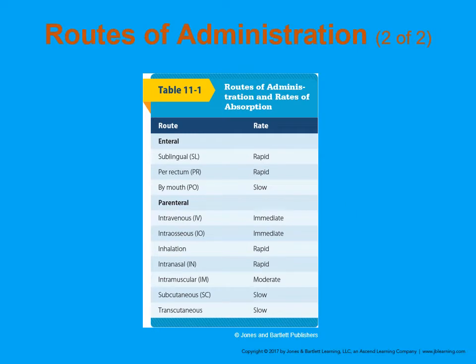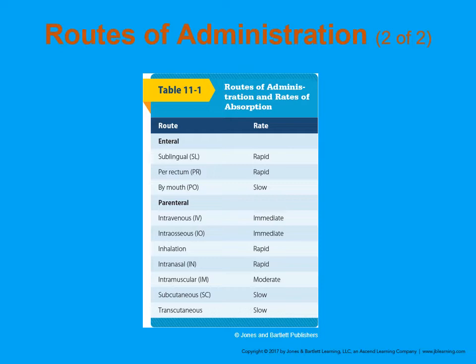All right, routes of administration. Per rectum, which is by the rectum, is easy to administer and provides reliable absorption. Oral, or PO, which means by mouth, enters the bloodstream through the digestive system. It takes as long as an hour for absorption to occur.